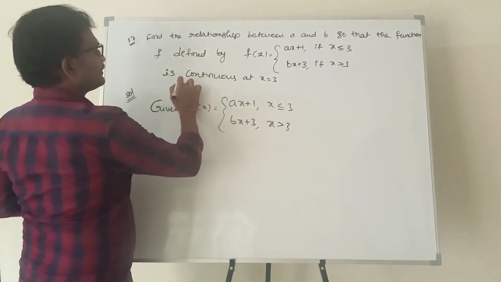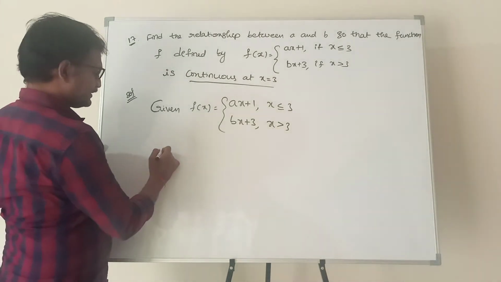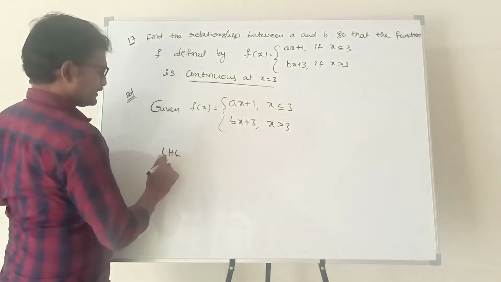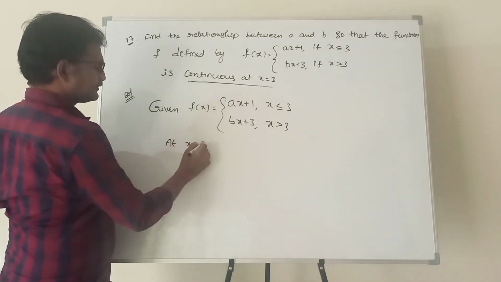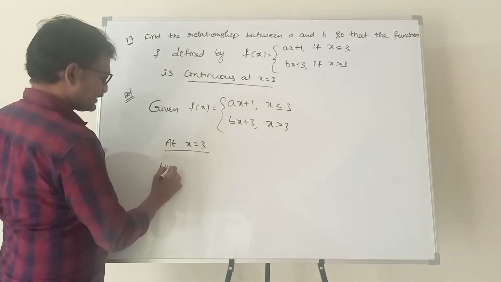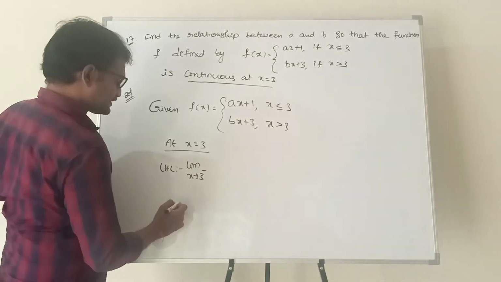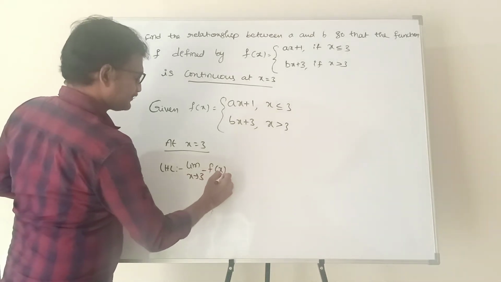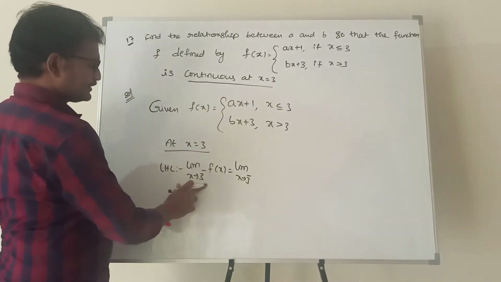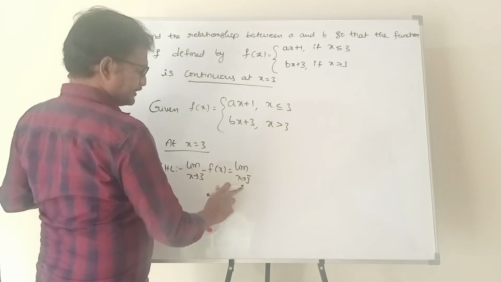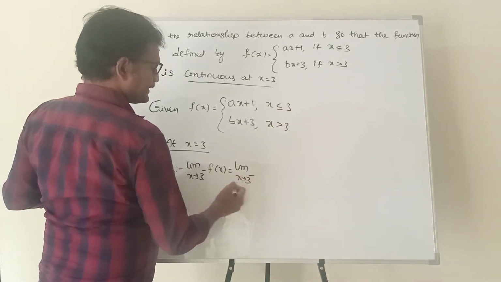Next, the given function is continuous at x equal to 3. So first find the left hand limit and right hand limit at x equal to 3. Find the left hand limit: limit x tends to 3 minus f of x. x tends to 3 minus means less than 3.